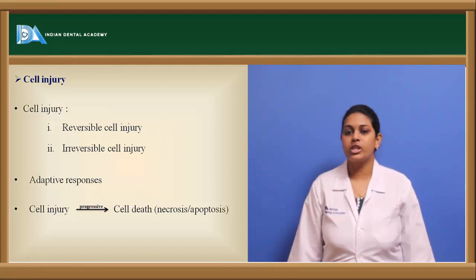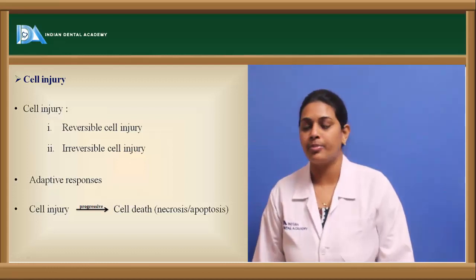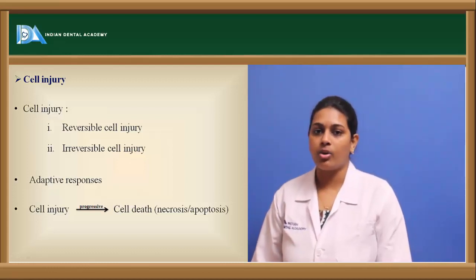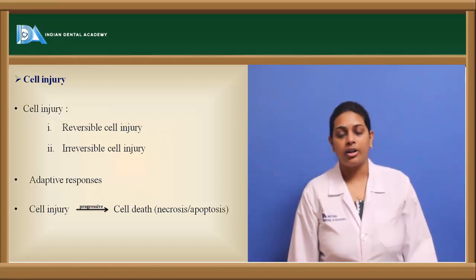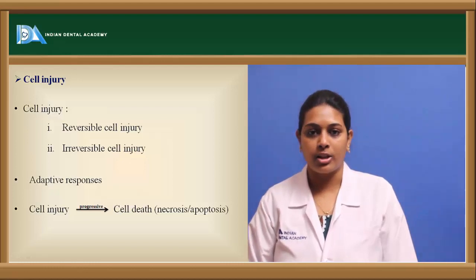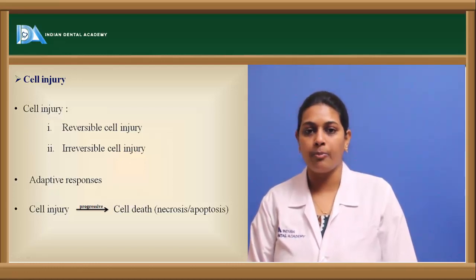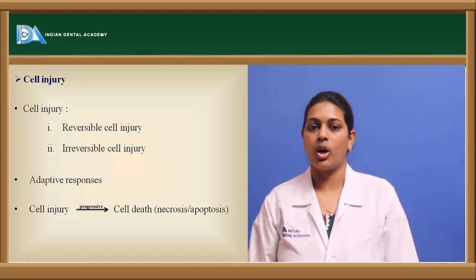So cell injury which is progressive, that is when the injury is becoming progressive to the patient, the cell undergoes death in the form of necrosis or apoptosis. Necrosis is a kind of death which is because of enzymatic digestion, whereas apoptosis is a programmed cell death which removes the unwanted cells.